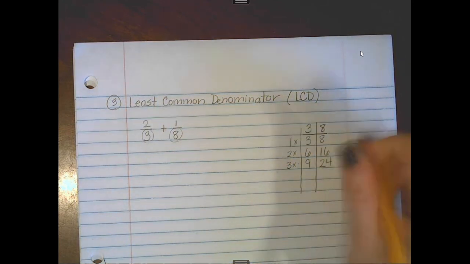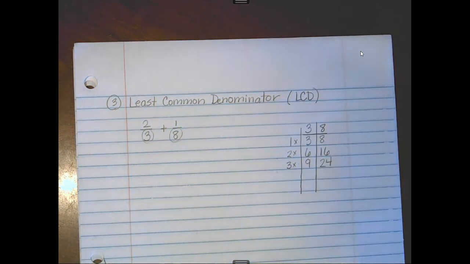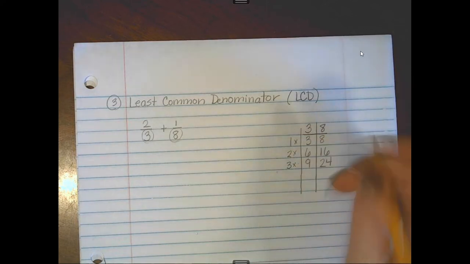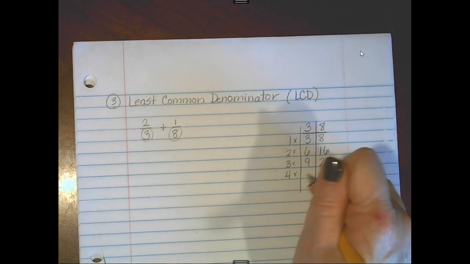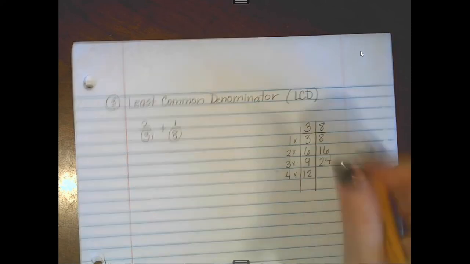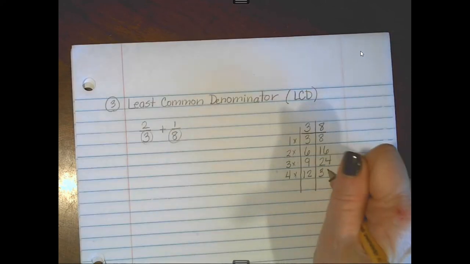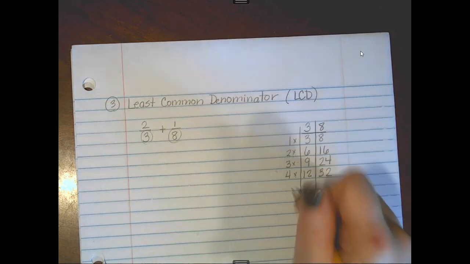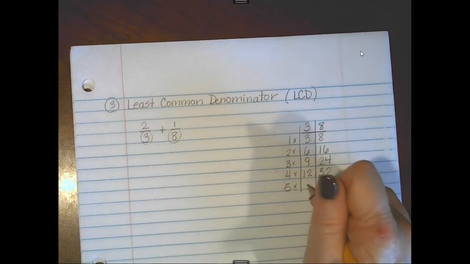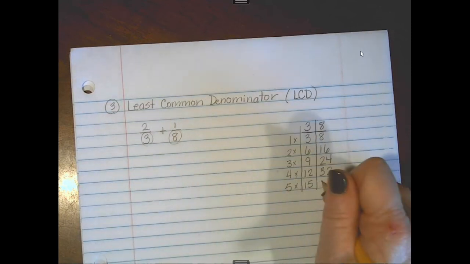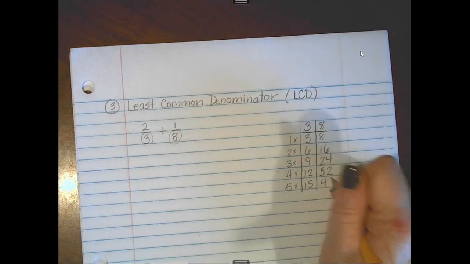And I'm really working down this list until I find a match, a common multiple or a common product in my 3 tables and my 8 tables. So 4 times 3 is 12, and 4 times 8 is 32. I don't see one yet. 5 times 3 is 15. 5 times 8 is 40.